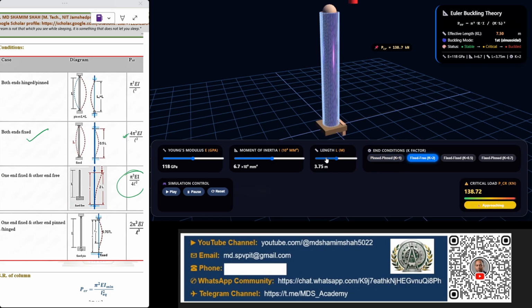Now let's switch to fixed-free. Now fixed. Now the third is fixed, and the fourth one is fixed-pinned.